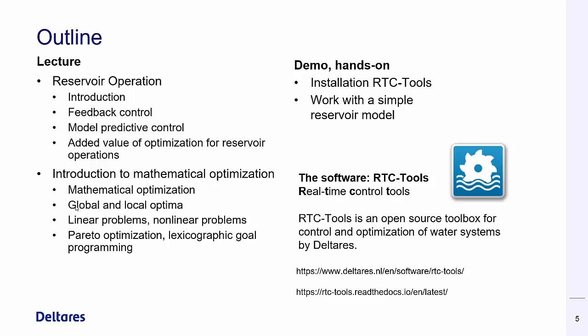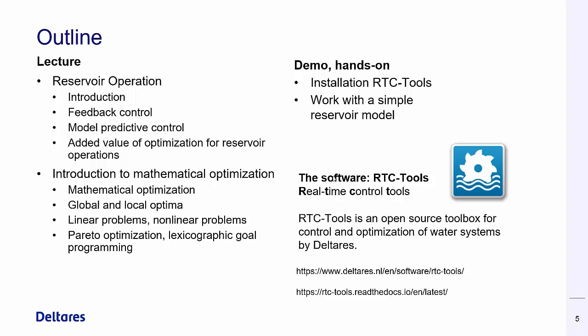We will discuss global and local optima, linear problems, nonlinear problems, Pareto optimization, and lexicographic goal programming. And this will then flow into part 3, a kind of demo or hands-on exercise. You have to install RTC Tools beforehand, and then we work with a simple reservoir model.